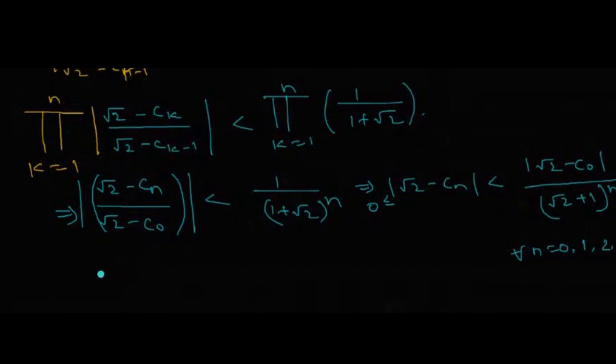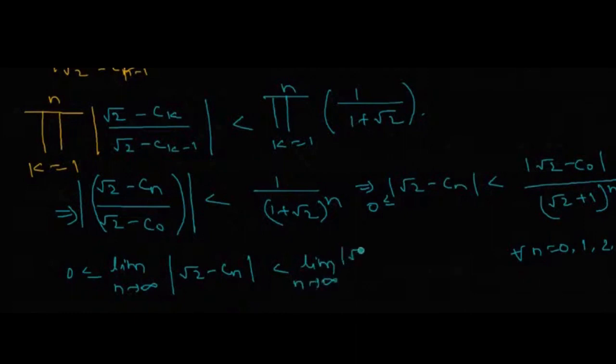I mean, when n tends to infinity, 0 is less than equals to limit n tends to infinity mod of root 2 minus cn, which is less than limit n tends to infinity root 2 minus c naught divided by root 2 plus 1 to the power n.